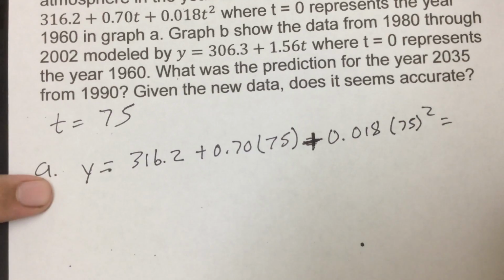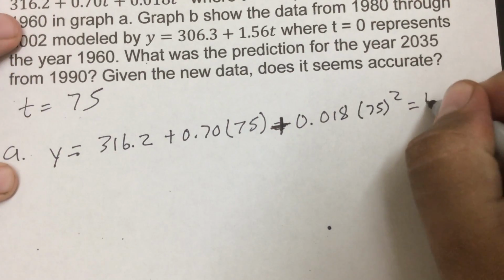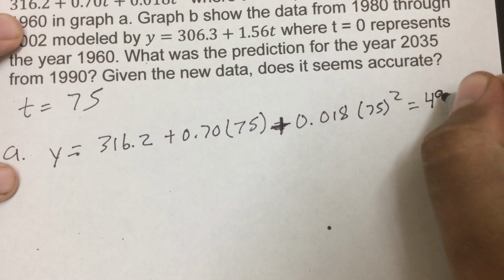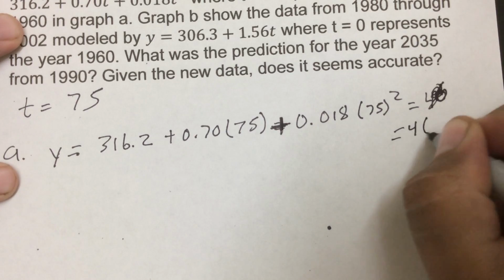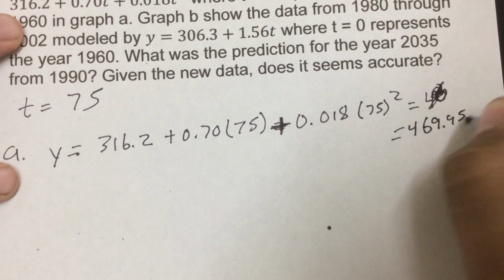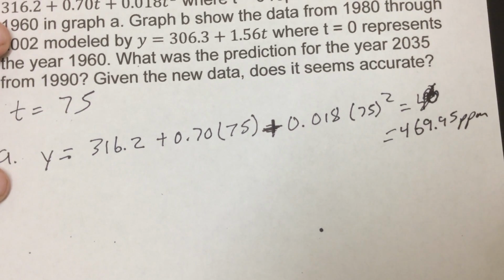Now, go ahead, put that in your calculator, and you should end up with y equals 469.95, and our label will be parts per million. So that's the concentration of carbon dioxide.